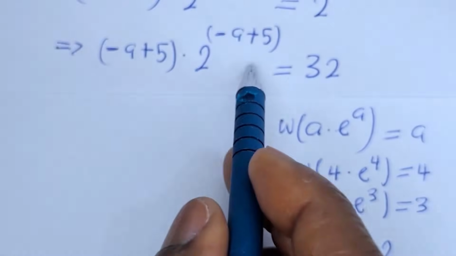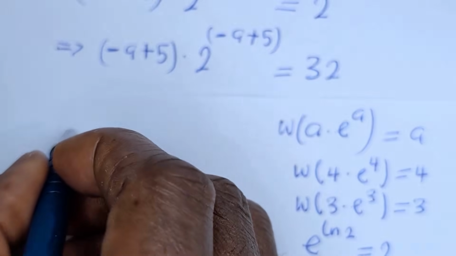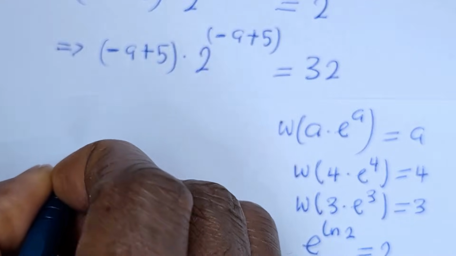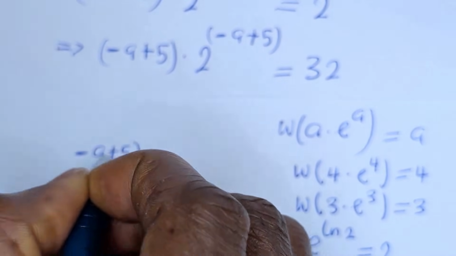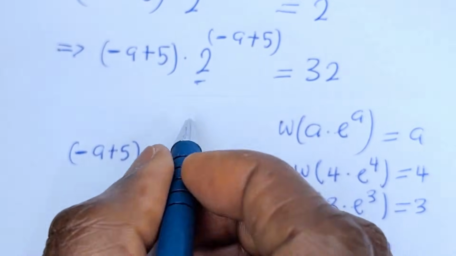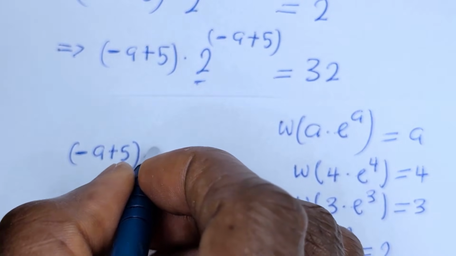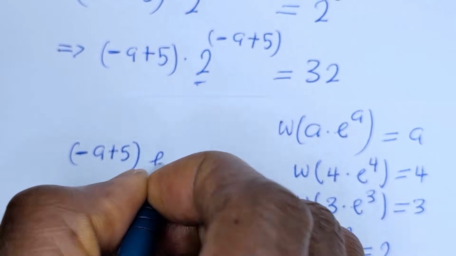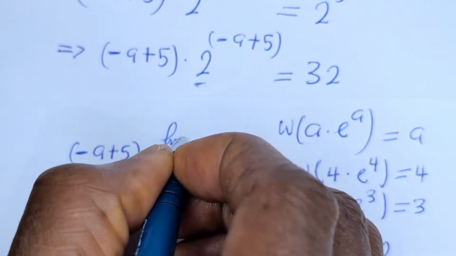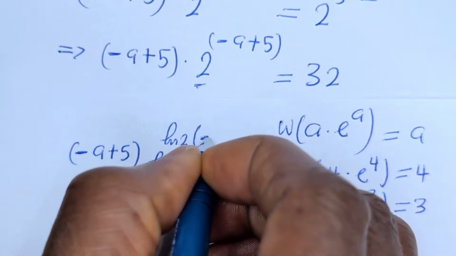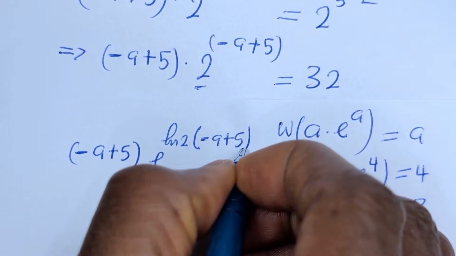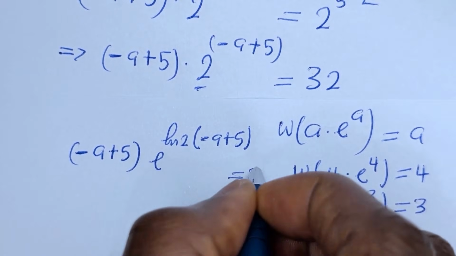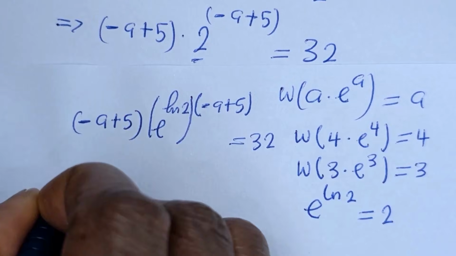Then this can be written as minus a plus 5. Then these two will be e raised to power ln of 2 (minus a plus 5) is equal to 32.